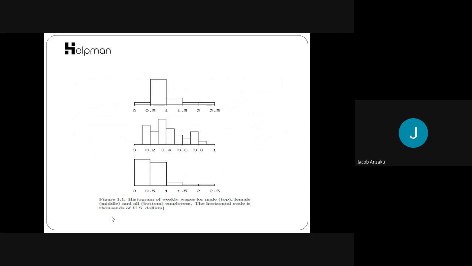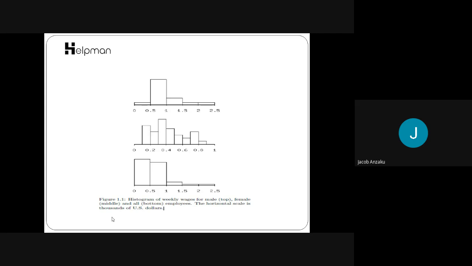Whereas we see 0, 0.5, 1, 1.5, 2, 2.5, this gives us $0 to $0.5 thousand, to $1,000, to $1.5 thousand, to $2,000, to $2.5 thousand. The vertical scale gives us the frequency of the observation.